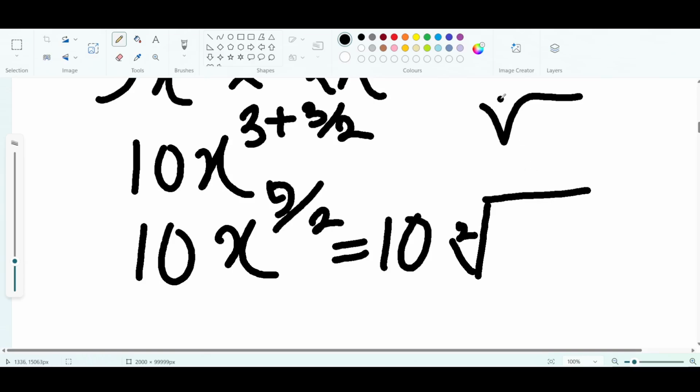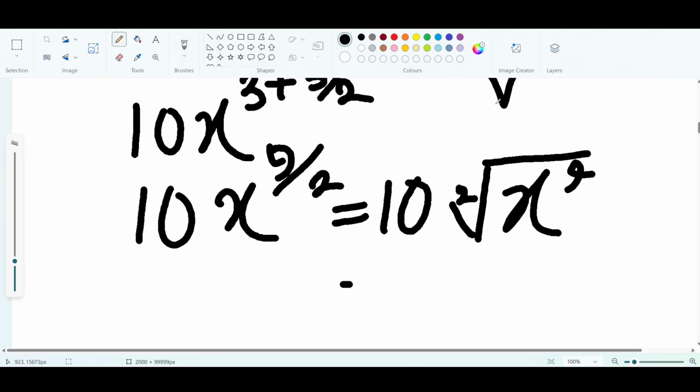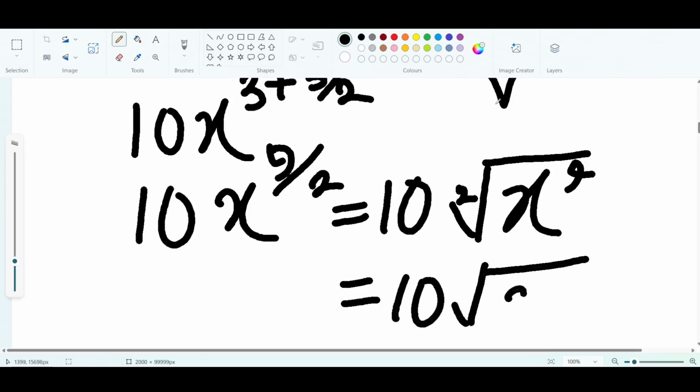That 2 is not normally written. It is only when it is different from 2 that we need to write it there. So it's going to be x raised to power 9 here. So this is going to be the final answer. Normally when you see this in the textbooks, you will see that it will be written like this: square root of x raised to power 9. So this is the final answer.